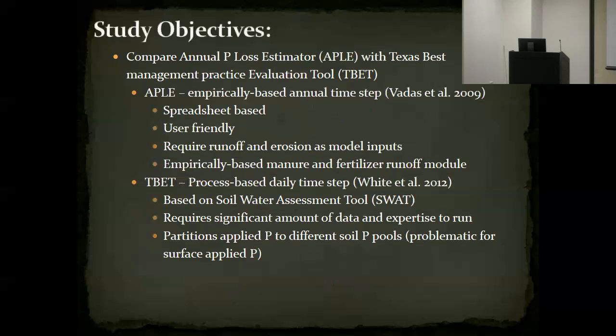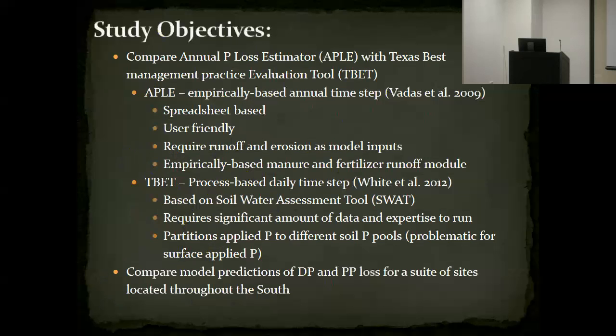But it requires a significant amount of data and expertise to run, even though it's easier than SWAT. But it has some significant limitations. So what we want to do is compare these two models and see, is it worth putting all this time and investment in this when you can use a simple spreadsheet model to get similar results?